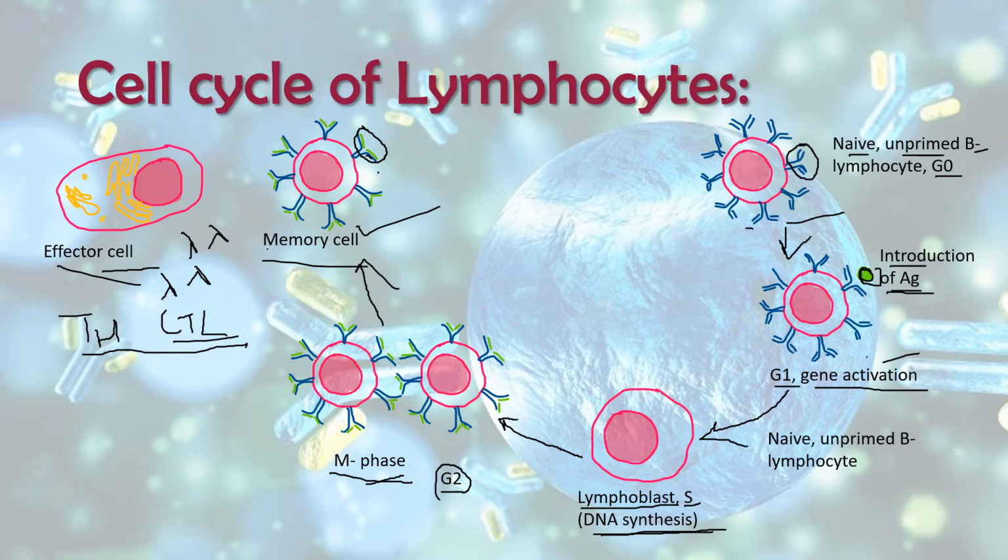The surface markers, or we can say the antibodies present on the surface of the B cell at the G0 phase, are different from those of the memory cell. In the memory cell, the antibodies are specific to the particular antigen which was introduced at the G0 phase and which caused the activation of the B lymphocytes.